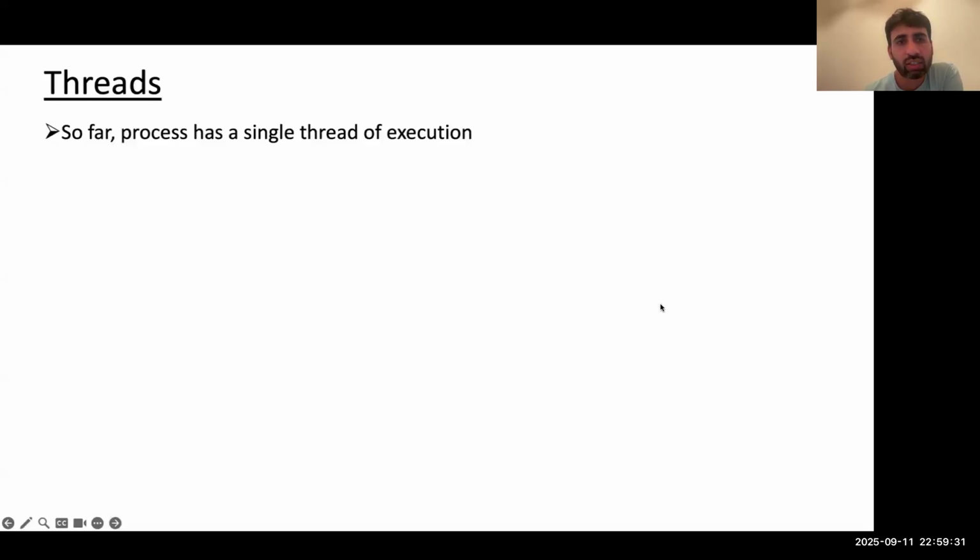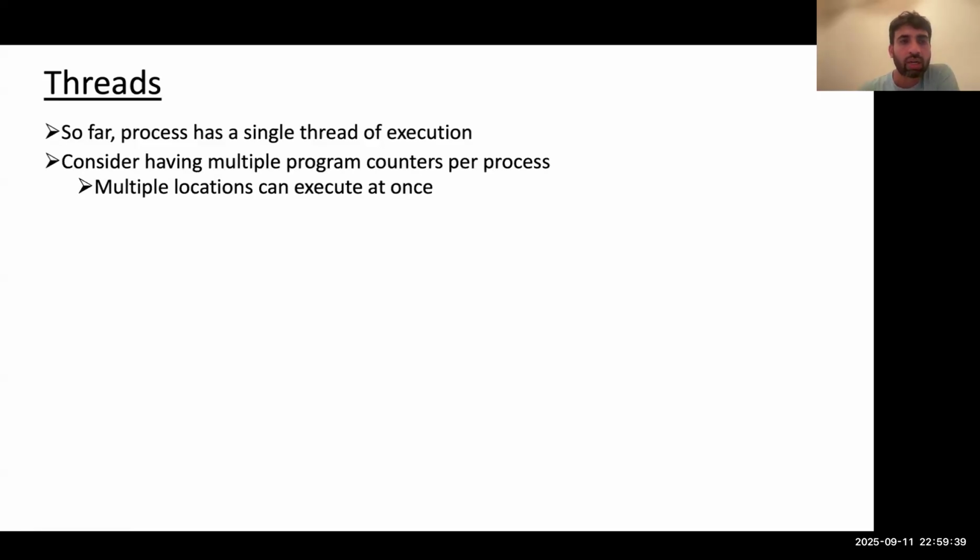So far we have been assuming a process which has a single thread of execution. But let's consider that if we have a program or a process which consists of multiple threads, then we need multiple counters per process.